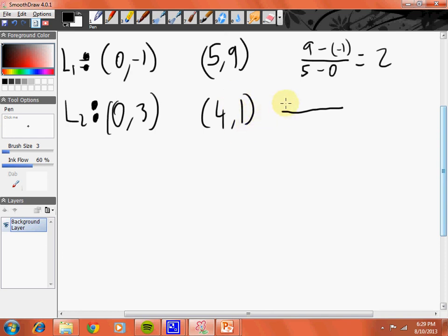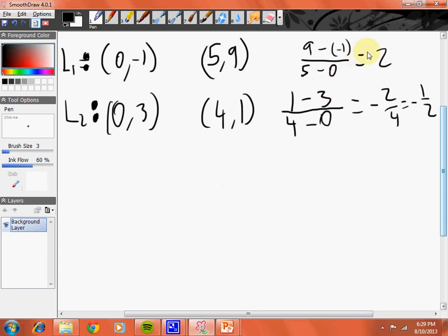I do not know. But I am the one handing out the grades, so I guess I don't really have a choice. And then 4 minus 0, negative 2 over 4, because the negative came from right here. 1 minus 3 is negative 2, which is negative a half. Bam.